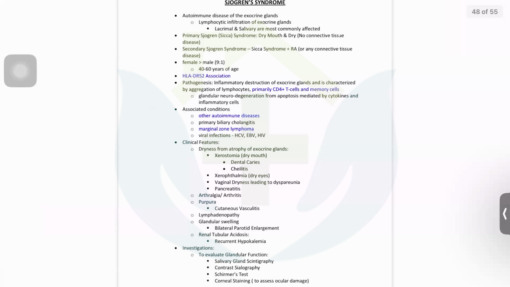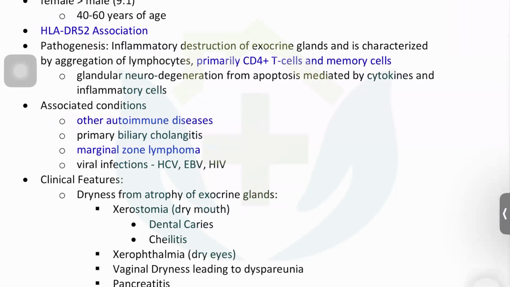Erosiveness is seen mainly in rheumatoid arthritis because there are punched out lesions and then eventually pannus formation and the joint is destroyed. But in SLE and these conditions, the joint is never destroyed because the erosiveness is not there. So erosiveness or non-erosiveness is a radiological characteristic.